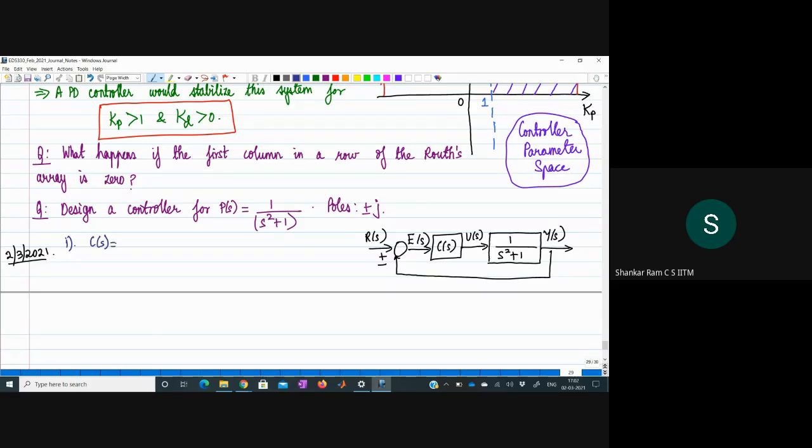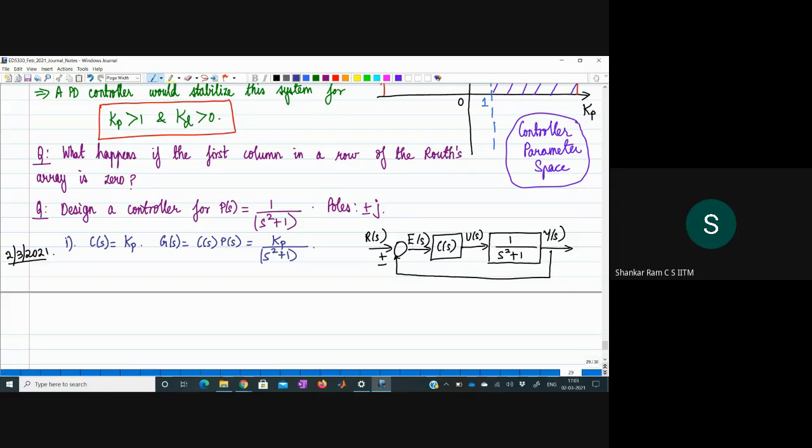If we recall, the transfer function of the proportional controller C of s is Kp. So then the forward path transfer function G of s is going to be equal to C of s times P of s. So that's going to be Kp divided by s squared plus 1.